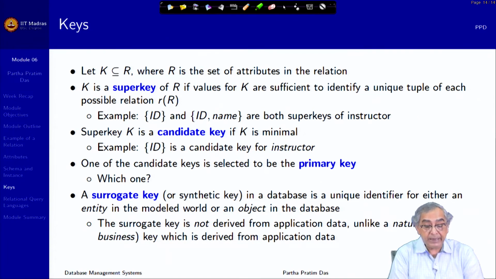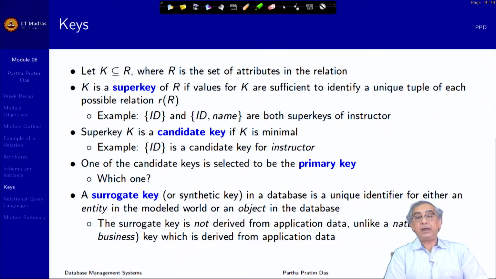So, both ID and ID name are super keys. Of that, the ID name pair is just a super key, it is not a candidate key. Why? Because there is a subset containing just ID which is also a super key. So, it is not minimal.